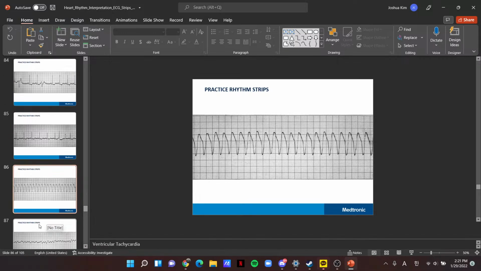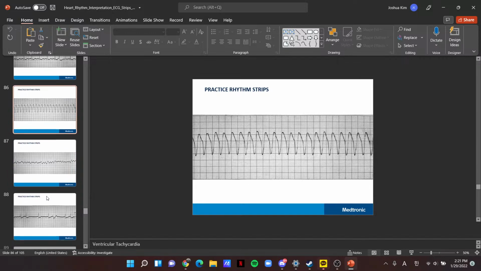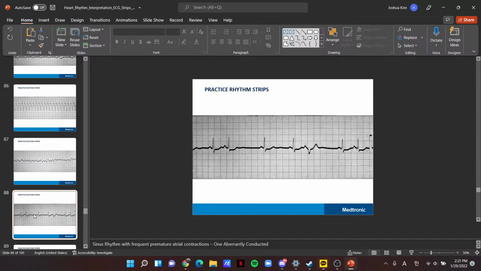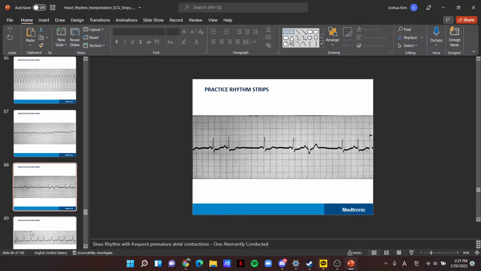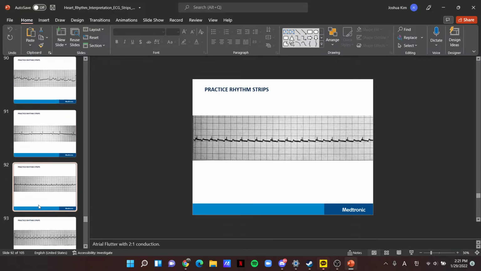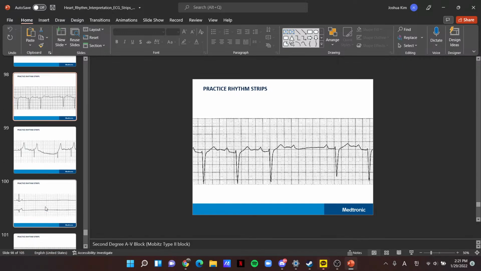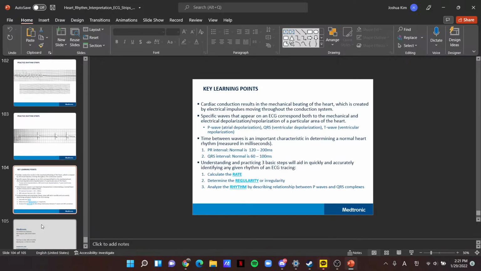Flutter, ventricular tachycardia. Fib, sawtooth-like. I would definitely have to practice this one. They're going to ask me.